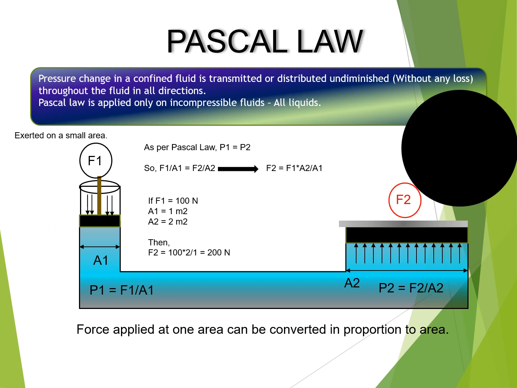And this principle is very much used for car lifting, for excavators, for many instruments or equipments. This particular law is used. We have seen that with Pascal law, the force is doubled if we double the area.